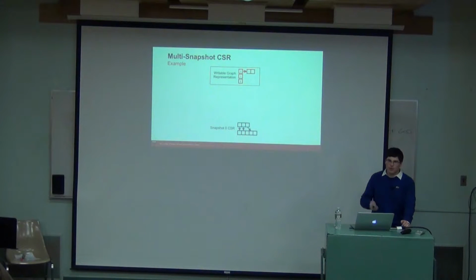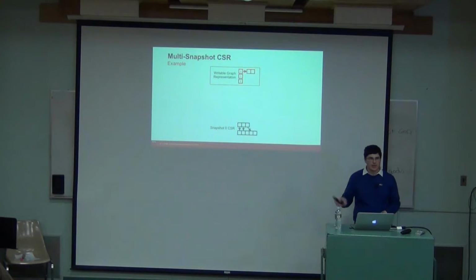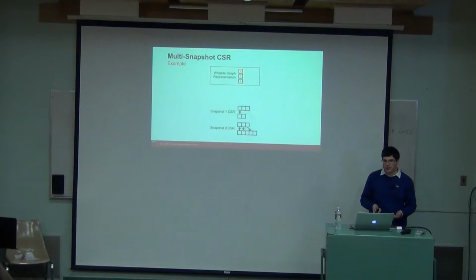At some point, whether it's some number of seconds, minutes, or some number of added edges, you decide to create another snapshot, and you move the edges to the new snapshot. You create another version of the vertex table that points to the new edges from the correct elements of the vertex table, and the rest of them, though it's kind of hard to see, will point to the previous snapshot.